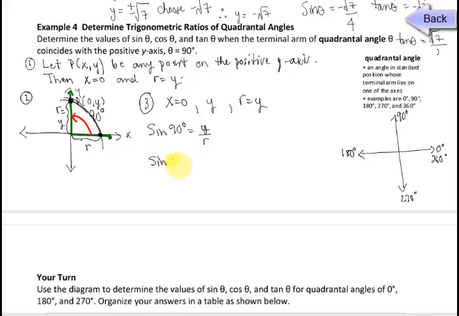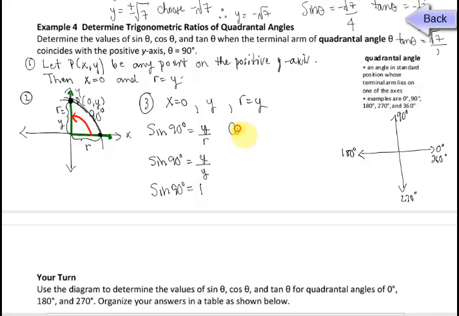And so sine of 90 degrees is equal to, well, we're going to keep y as is, but our radius is now y. And so we can see that sine of 90 degrees is y over y, and y over y is equal to 1.